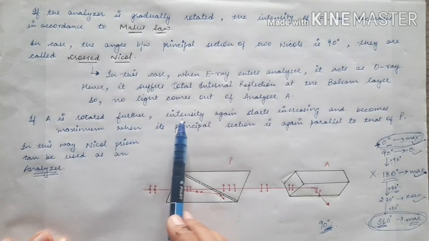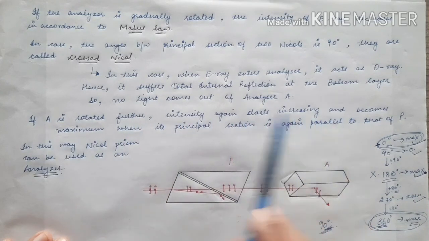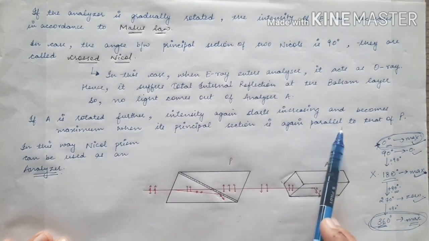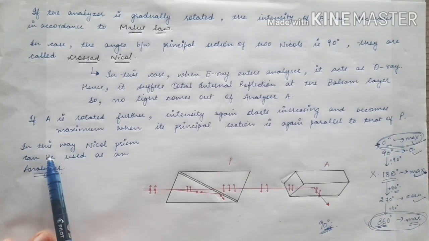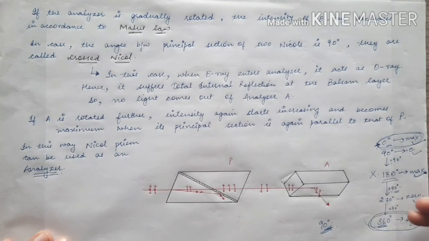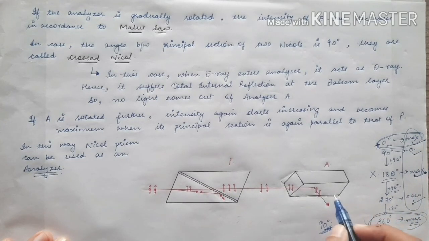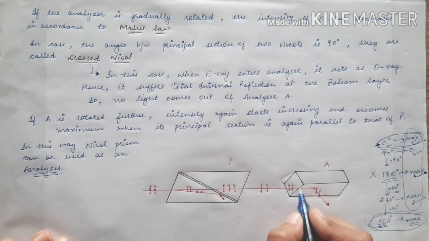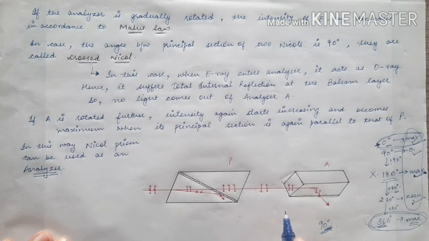So if A is rotated further, intensity again starts increasing and becomes maximum when the principal sections are again parallel. In this way, the Nicol prism can be used as analyzer. If the intensity becomes maximum, then 0, then again maximum, then again 0 during the rotation of the Nicol prism, we say that the light entering the Nicol prism is plane polarized light.